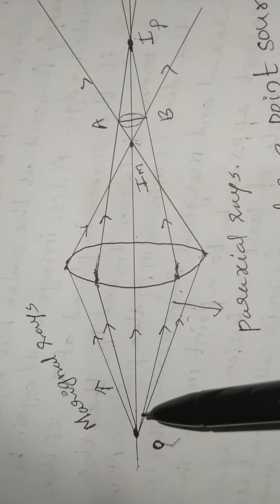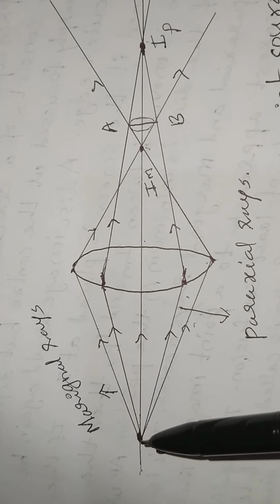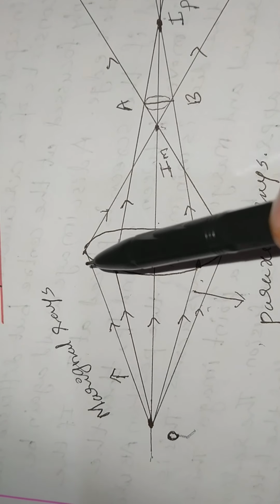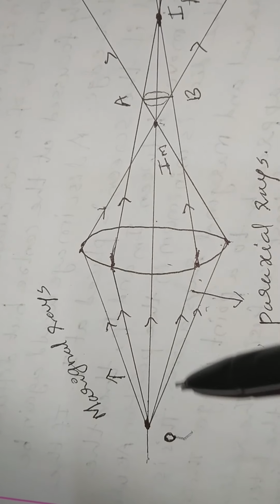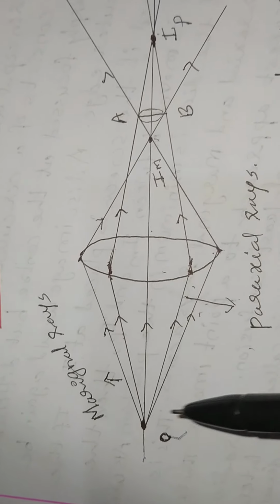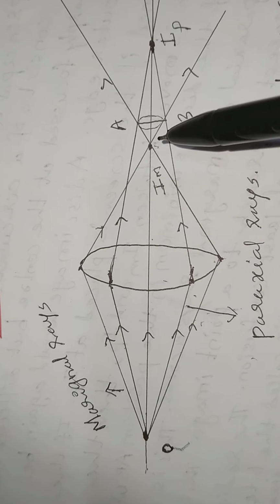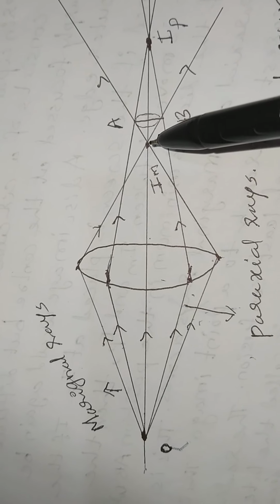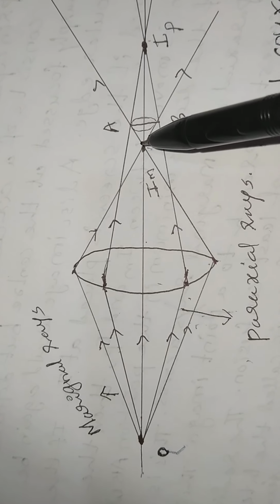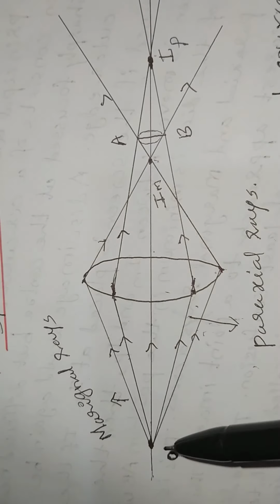So the monochromatic point source is placed in front of the large circular aperture of the convex lens on the principal axis. Here the marginal rays come to focus at point IM on the principal axis, where the marginal image is formed.